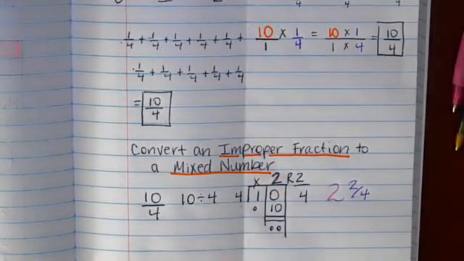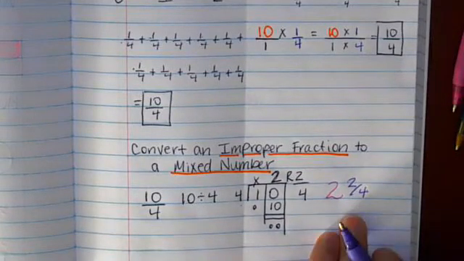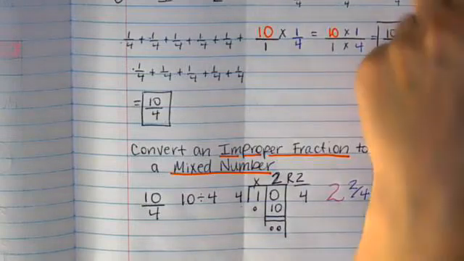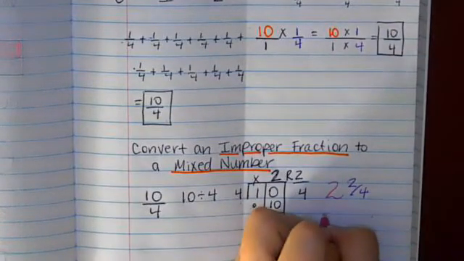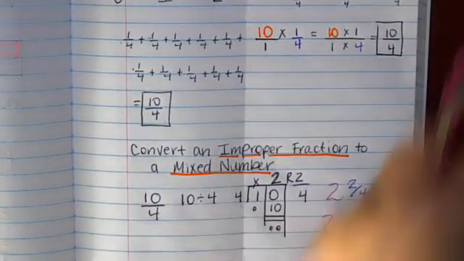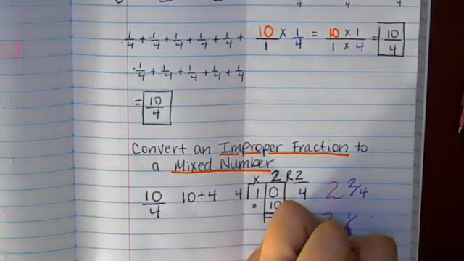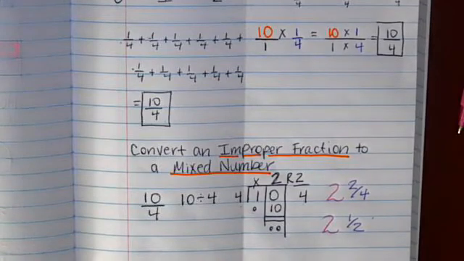Some of you have already caught on that when you're writing this fraction 2/4, it is equivalent to 1/2. And to be more precise, I would find the equivalent fraction and simplify it to 1/2, so 2.5.